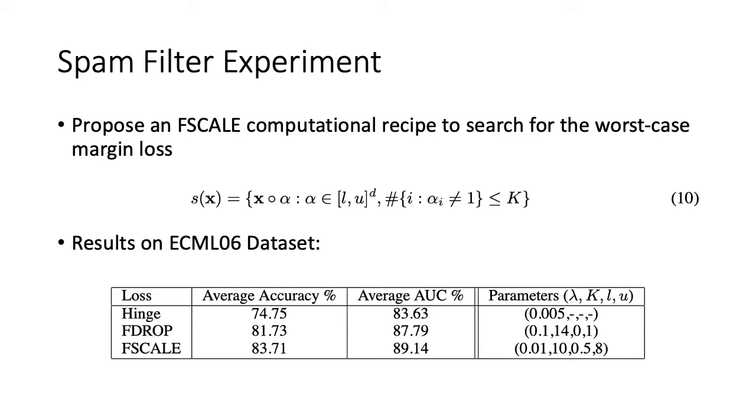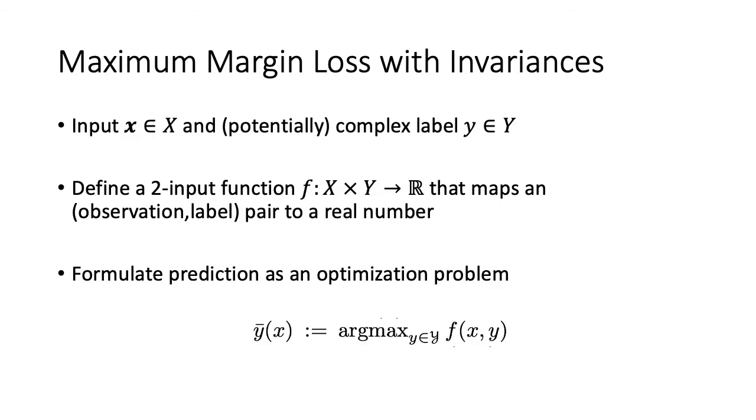But the authors come up with this nice trick where you only actually have to give a recipe for finding the worst case margin violator. You don't actually have to search over the entire space exhaustively. This comes into play in the spam filtering experiment with their F-scale algorithm, which we present a little later. I just want to give you a quick look at how they form the problem.